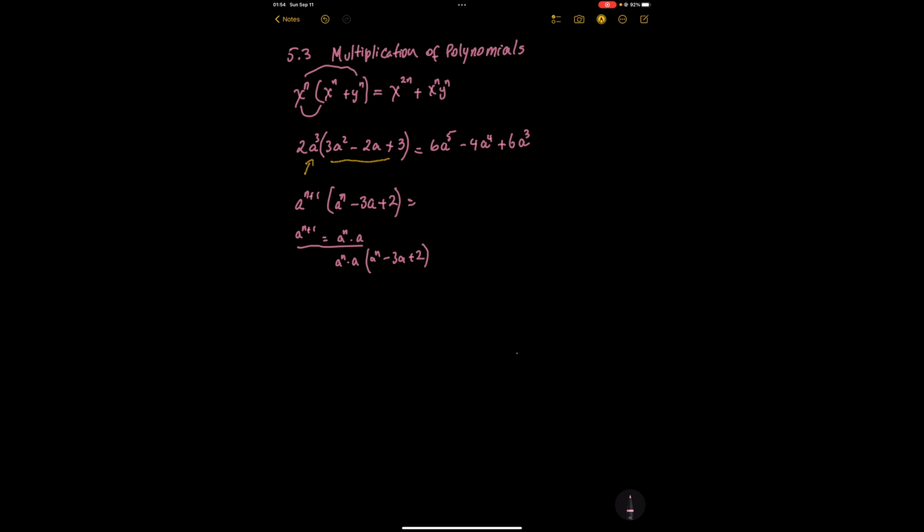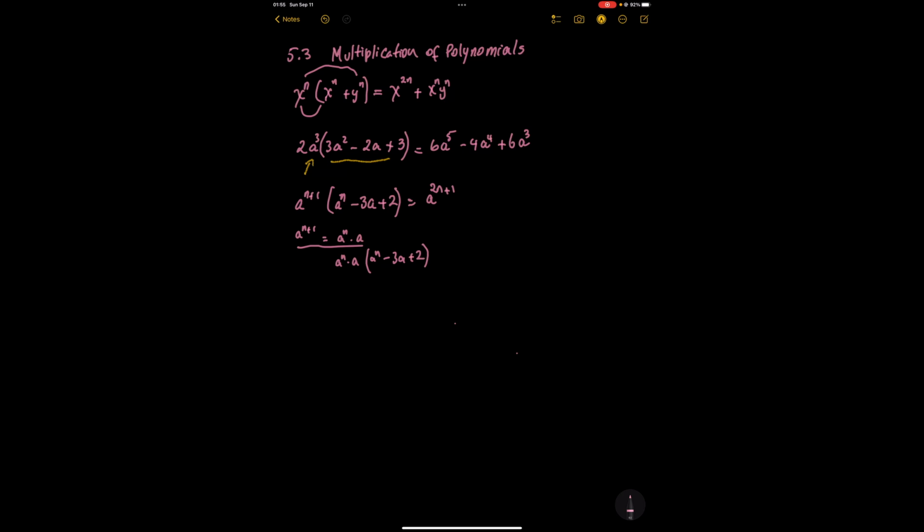So how are you going to do this? Well, very simple. a^n times a^n would be equal to what? That would be equal to n plus n is 2n, plus 1. Alright? Why is it 2n plus 1?